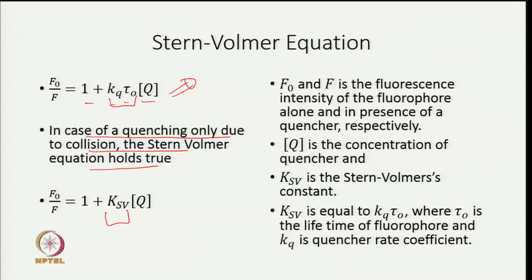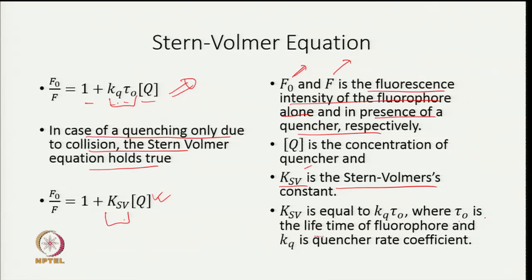This Kq into tau naught is known as Stern-Vollmer constant. To explain in more detail, F naught is your fluorescence intensity of fluorophore alone, and F is fluorescence intensity in presence of a quencher. Q is the concentration of the quencher, and Ksv is called Stern-Vollmer constant, where Ksv equals Kq into tau naught.